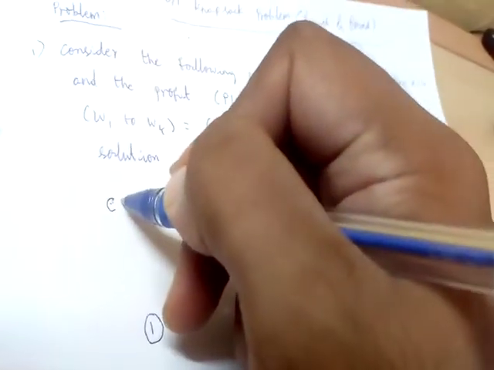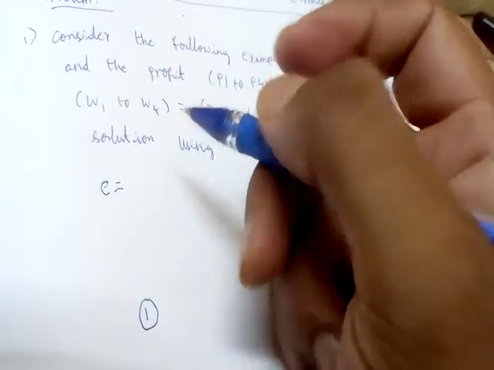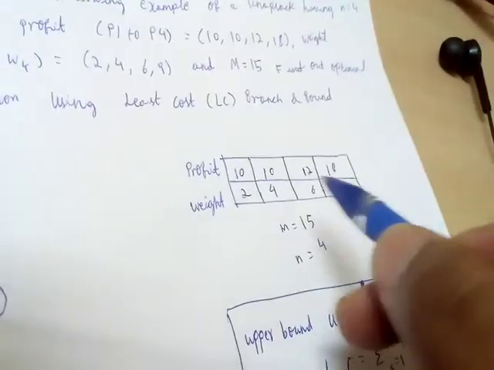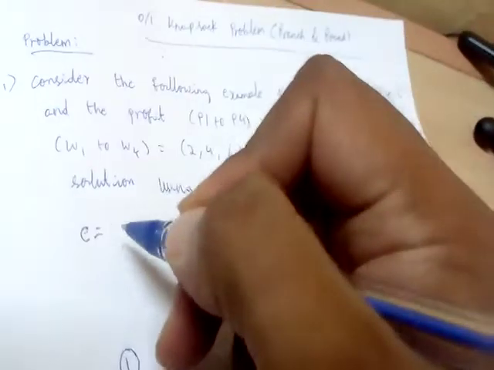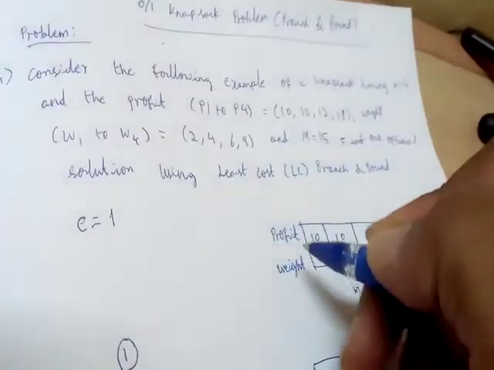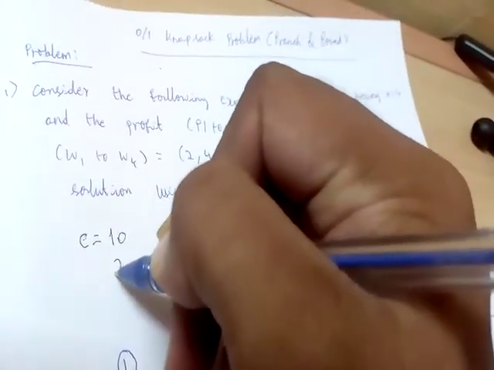To find the cost bound value, as I told, a partial knapsack is allowed. So I will try to insert the items in sequence. First I will insert item 1. Its profit is 10 and the weight is 2.